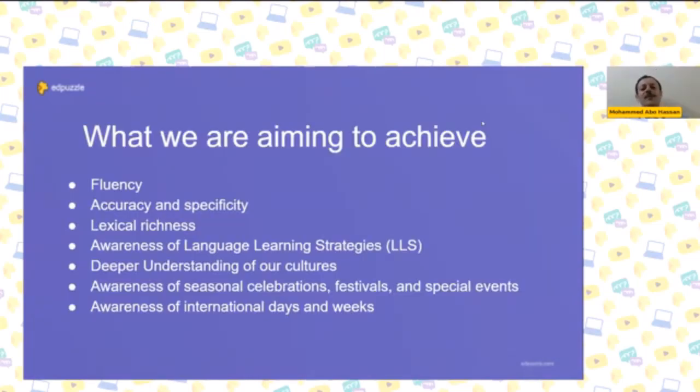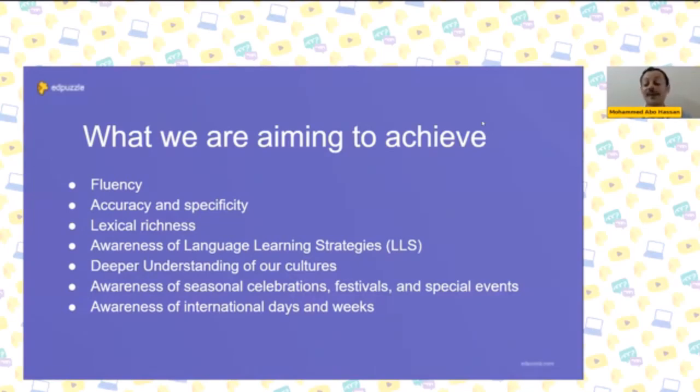So what we are aiming to achieve as English teachers, as foreign language teachers: we would love to achieve fluency, accuracy, specificity, lexical richness. We would love our students to learn and to be aware of many language learning strategies, to have a deeper understanding of our culture, and not only our culture, but we would love our students to be multicultural students.